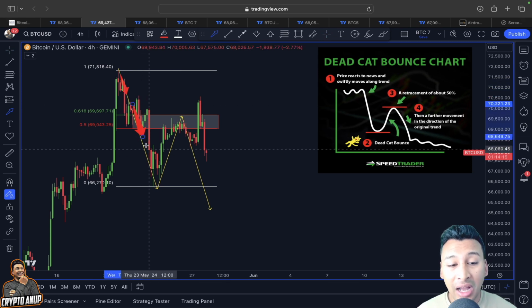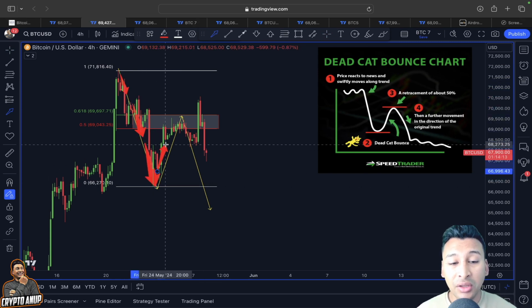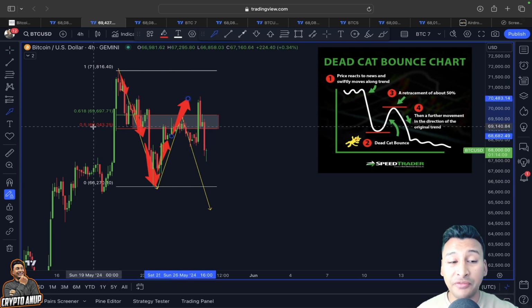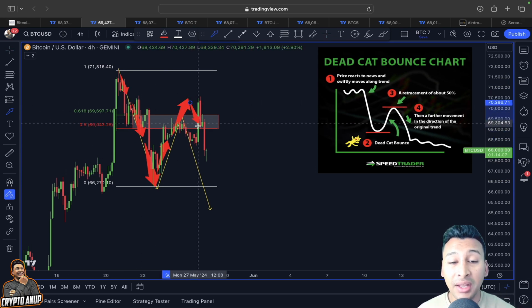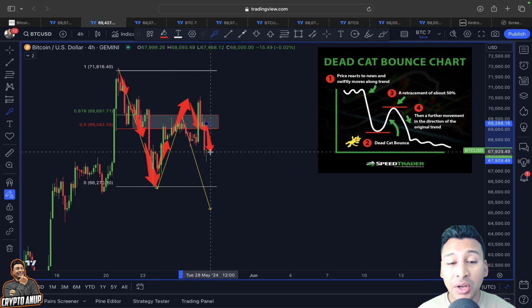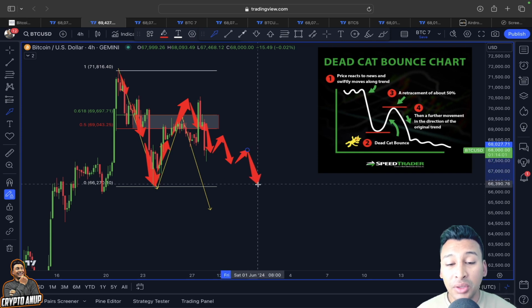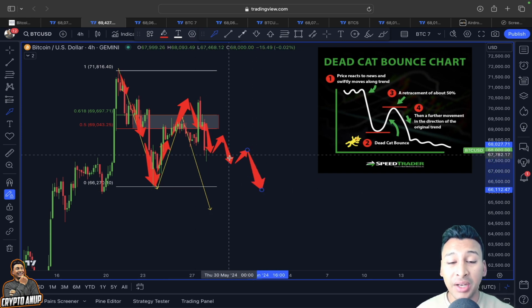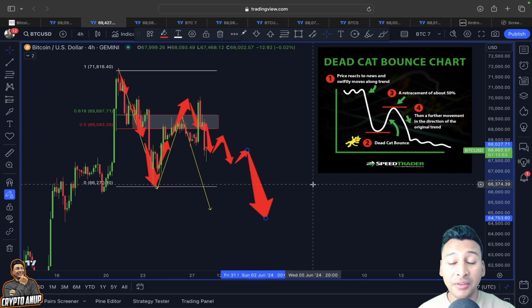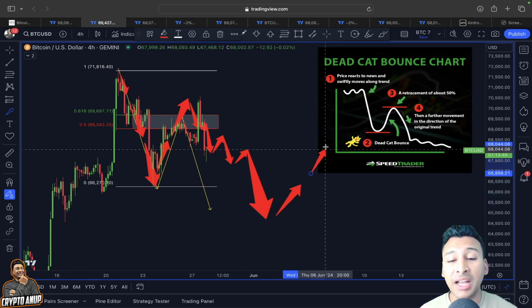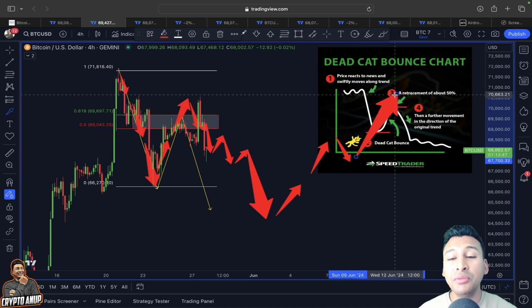I mean, after this corrective move, we can see we had a relief rally. Price failed to find support above this 0.5 or 0.618 Fibonacci line. Now it might be resulting in a move like this. I mean, price after some small relief rally gets attracted in between 65,000 before finding bottom, before starting with an actual impulsive move here like this.